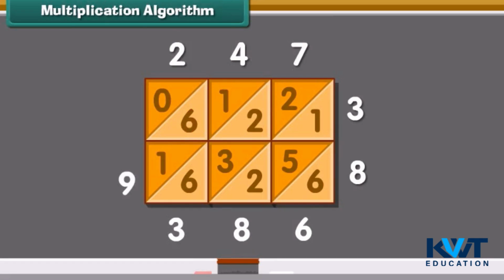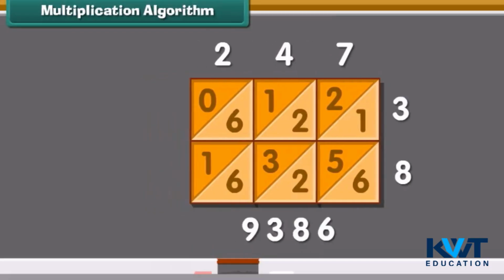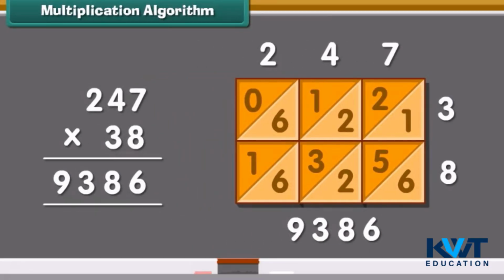Add 1 carry to the answer, we get 9, and 0 is 0. We get the answer 09386. Thus, we have the answer of 247 into 38 as 9386.